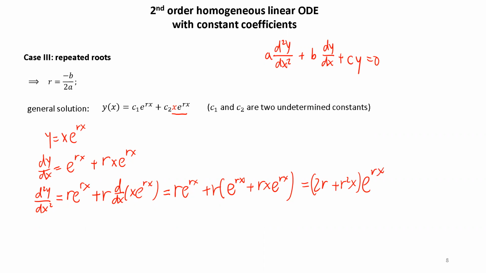Now I want to put these three terms back into the differential equation. First of all, I know that every single term has the common factor e to the Rx, so let me write it outside with a big bracket. Then what you find is (2R plus R squared x) plus b times (1 plus Rx) plus cx.